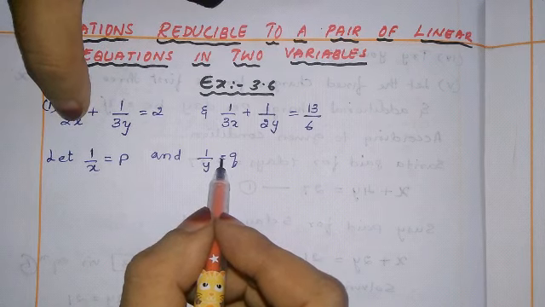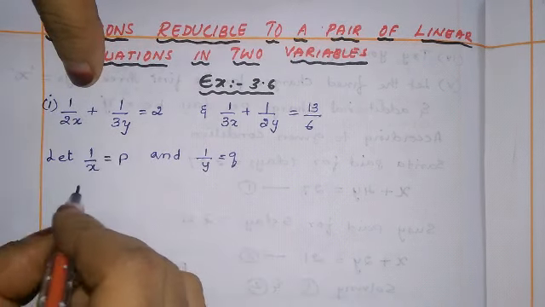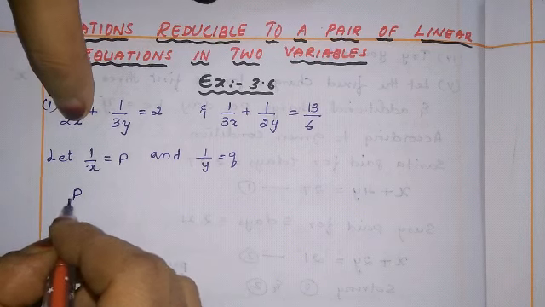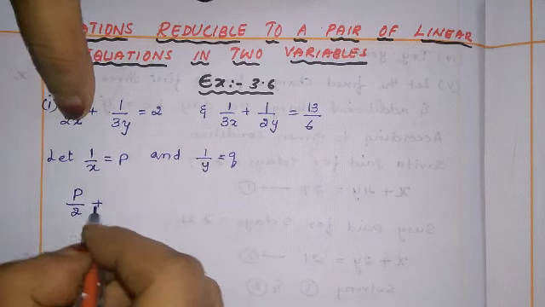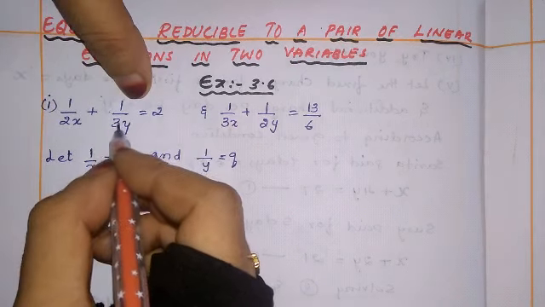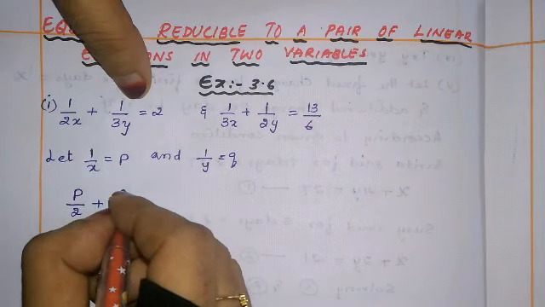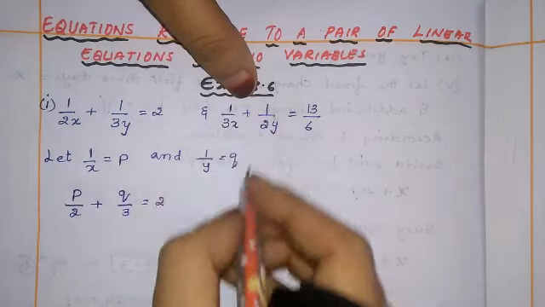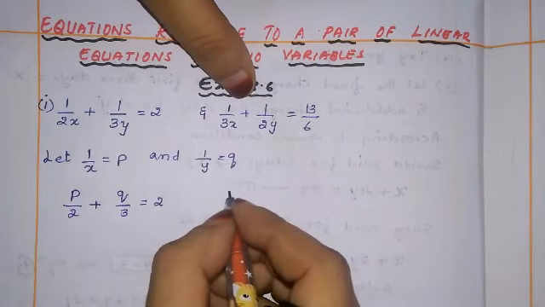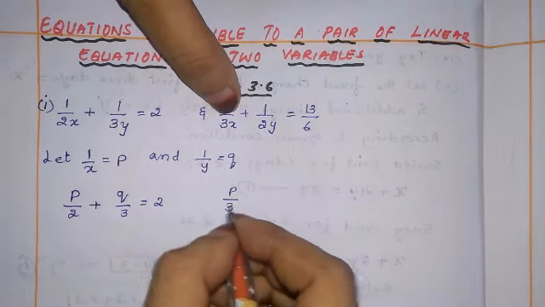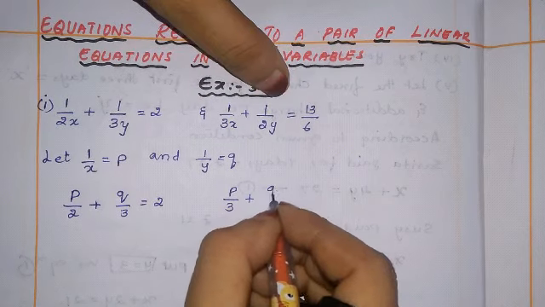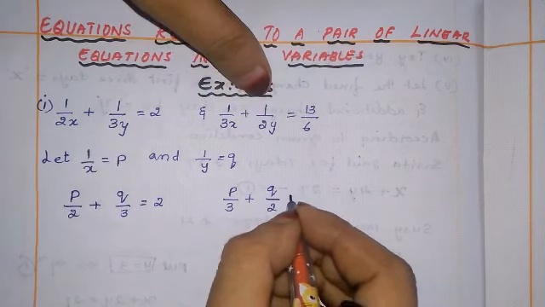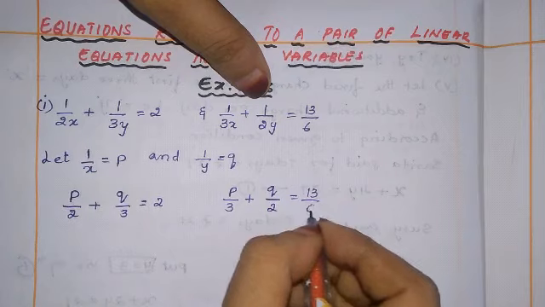In the first equation the denominator 2 is there, so it is p by 2 plus q by 3 is equal to 2, and in the second, p by 3 as it is, plus q by 2 as it is, equals 13 by 6.